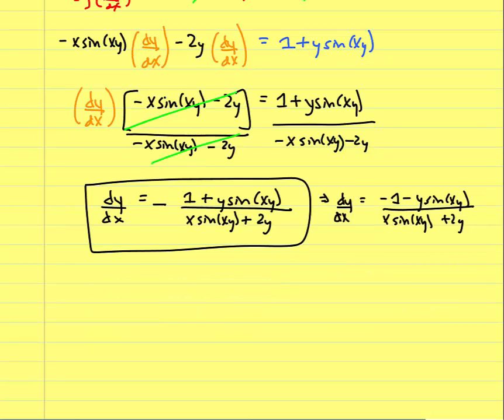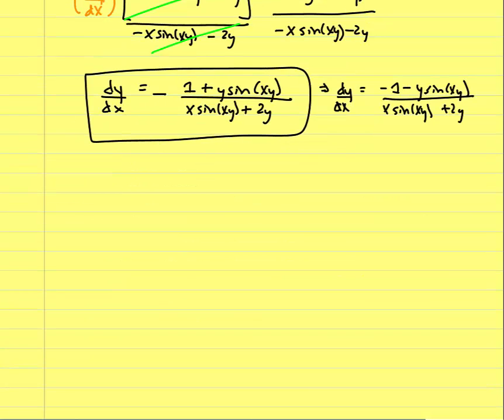Now all these problems we've been doing, remember, we're still trying to find the slope of the tangent line at any point along a graph. So let's actually do one of those problems.